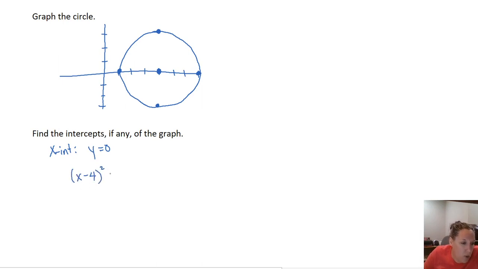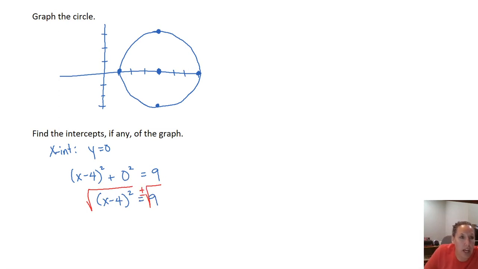(x minus 4) squared plus 0 squared equals 9. So that's (x minus 4) squared equals 9. That's a quadratic equation, set up nicely for the square root property. Remember, we do have to put plus or minus on that.